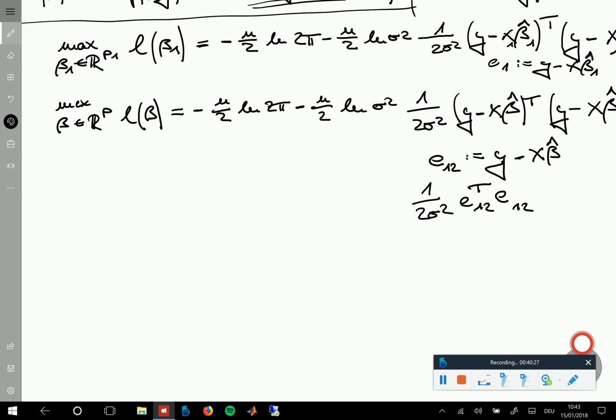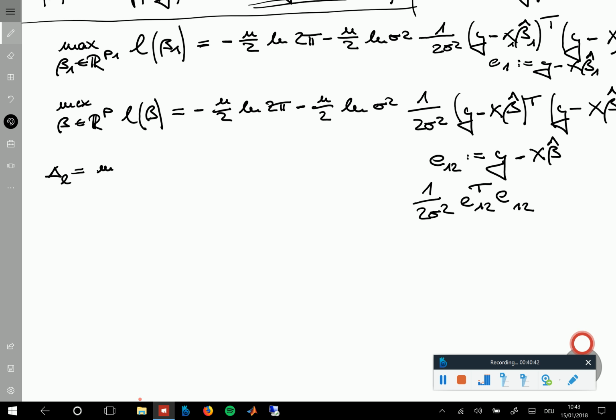So if we now define a model comparison criterion here, I call it delta, and might call it anything, and we define this as max beta 1, 2 of L beta hat, minus max beta 1 of L beta hat.